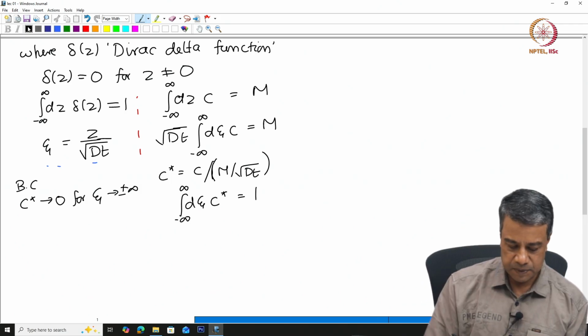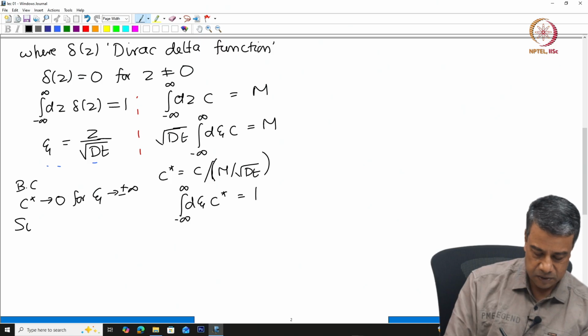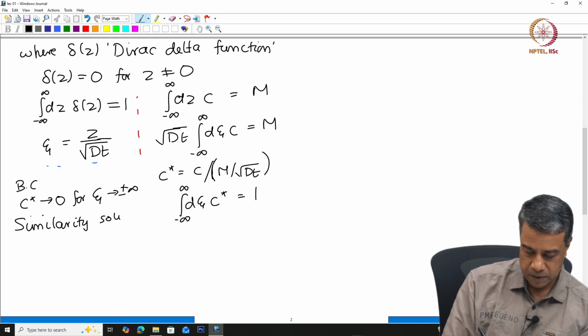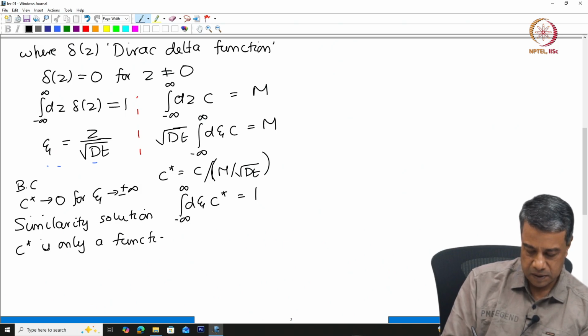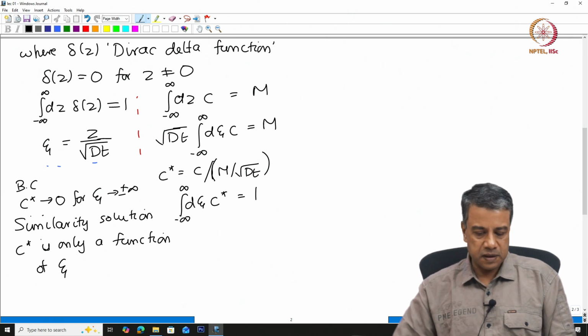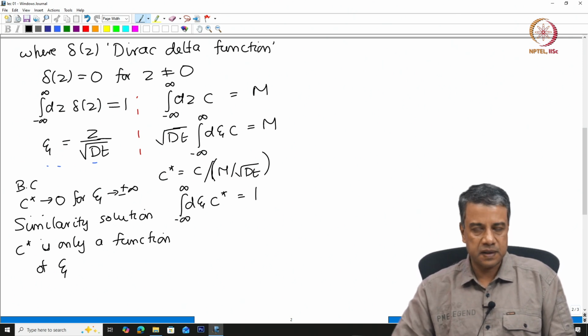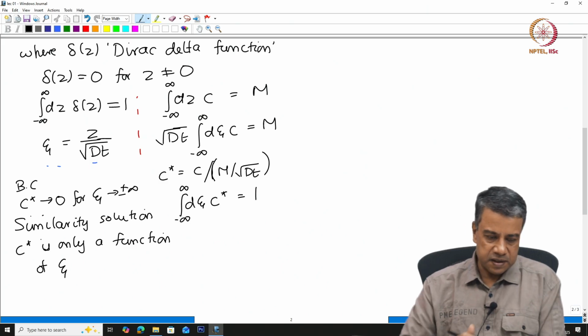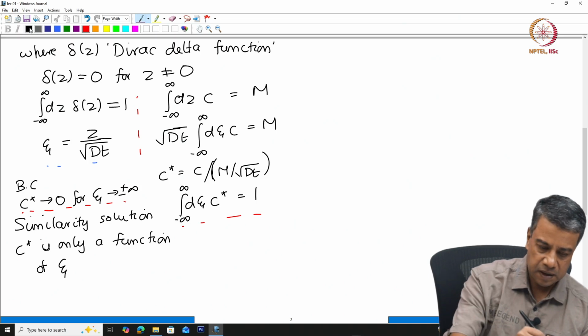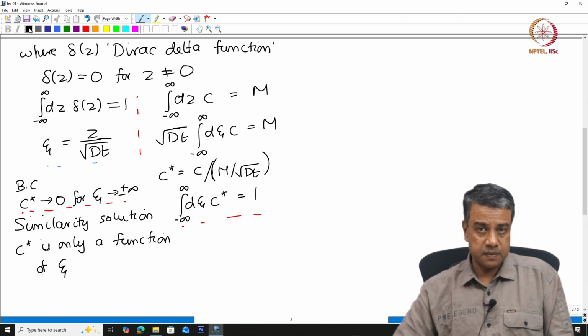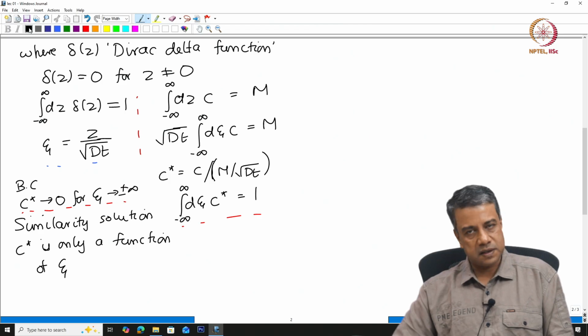Here it is implicitly assumed that in the similarity solution, c star is only a function of the similarity variable psi. As you can see, the boundary conditions have been expressed all in terms of psi, and now we have to express the equations in terms of psi. For that, we have to use differentiation by chain rule.